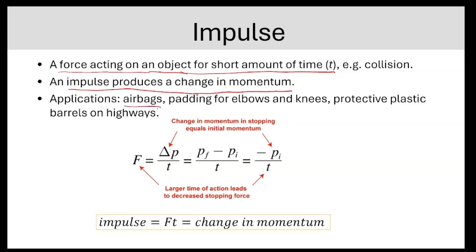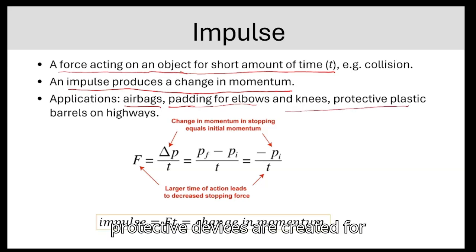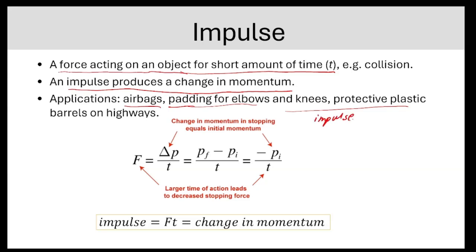So different devices like airbags, padding, elbow and knee protective devices are created to negate the effect of impulse. And mathematically, impulse is defined as change in momentum.